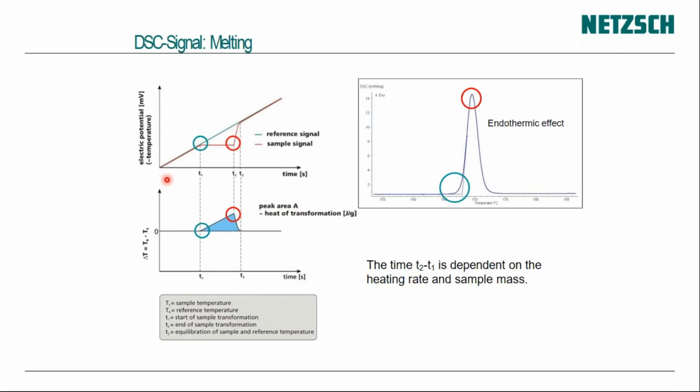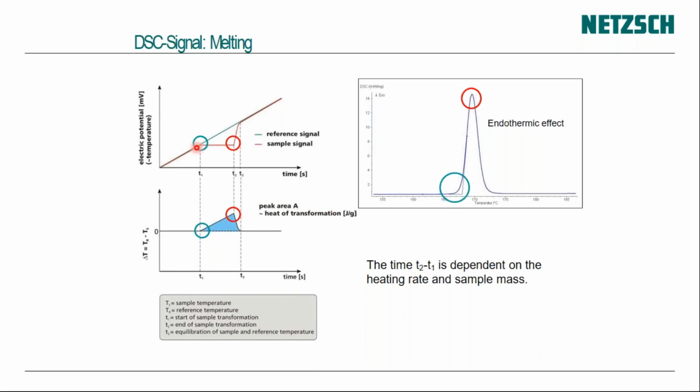So you have a reference crucible which is empty, and the sample compartment which has a specific material in it of certain weight, like say 10 milligram or 20 milligram of the sample. Initially there is no effect. Both sample and reference signals go line by line the same, and suddenly we see a small effect here.